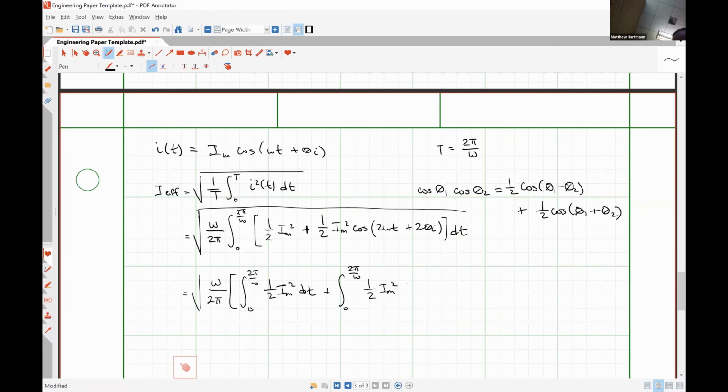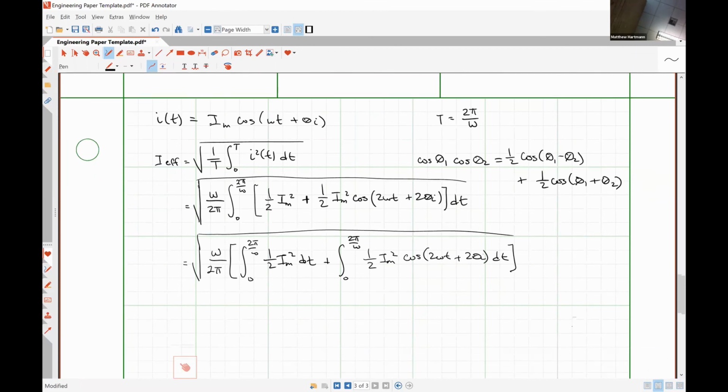Im squared cosine twice omega t plus twice theta I. So let's look at the second integral. What we are doing there is integrating cosine of 2 omega t over exactly 2 periods, right?